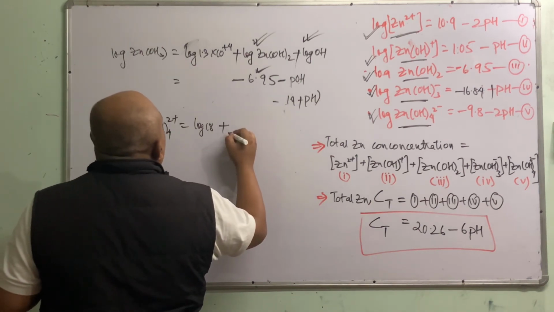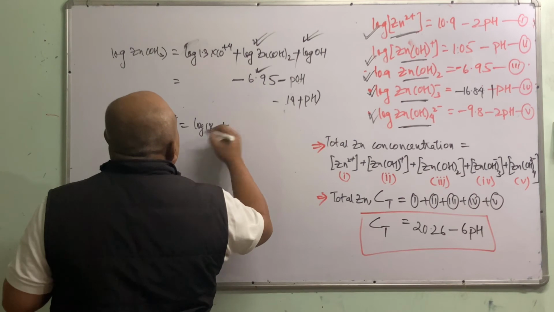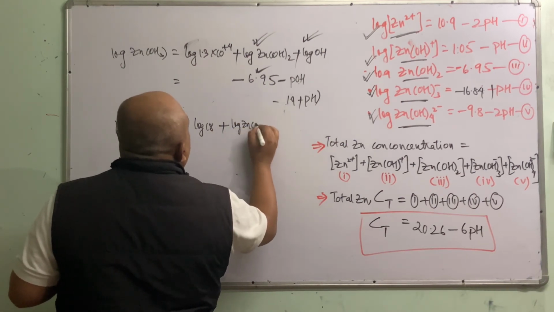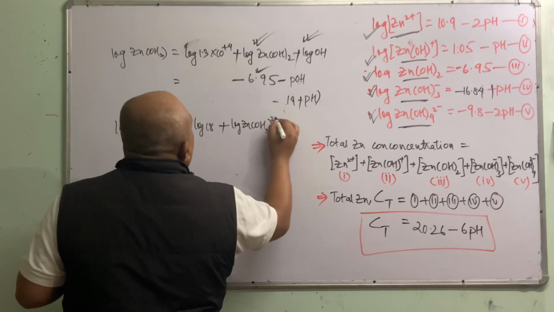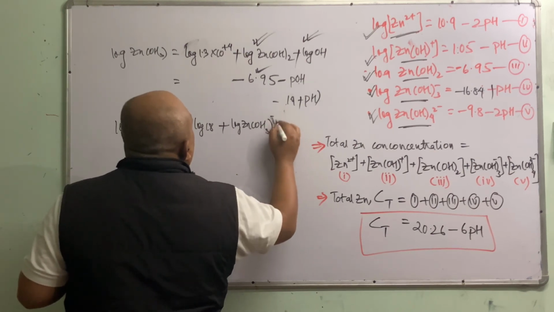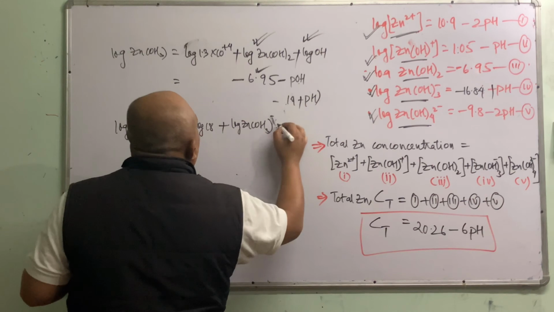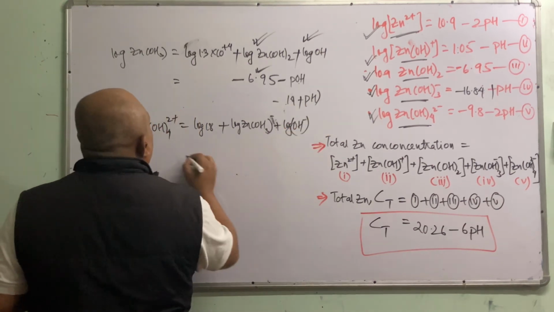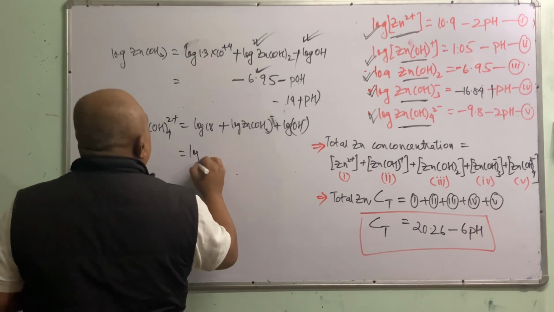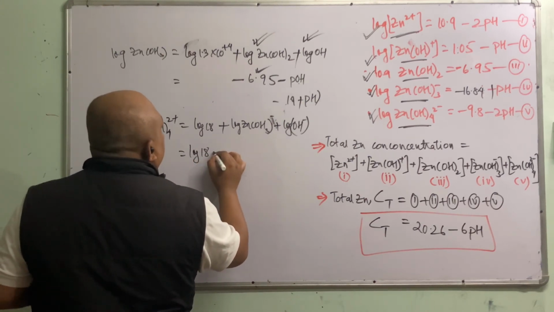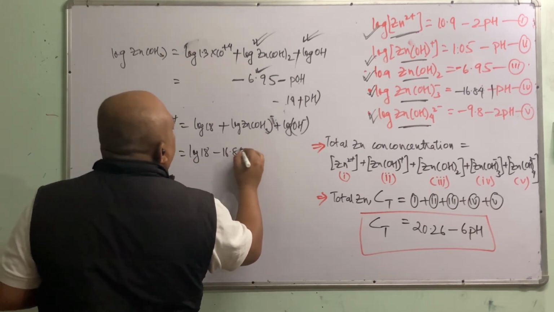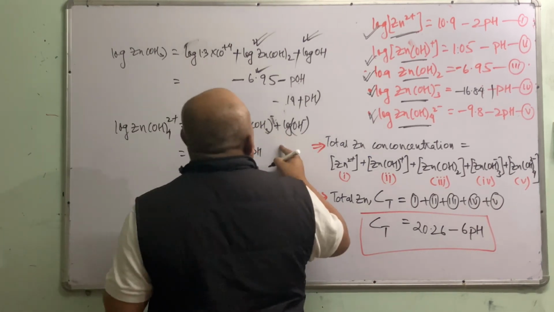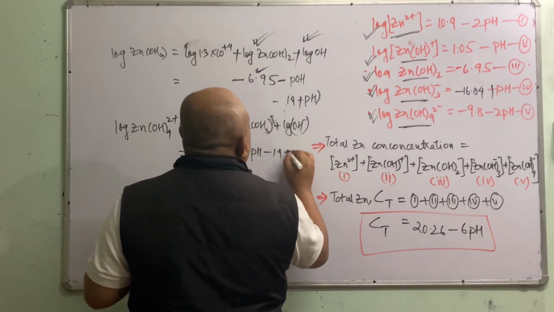Plus log of Zn(OH)3 plus log of OH. Okay, this is log of 18 minus 16.84 plus pH, and log of OH is minus 14 plus pH.